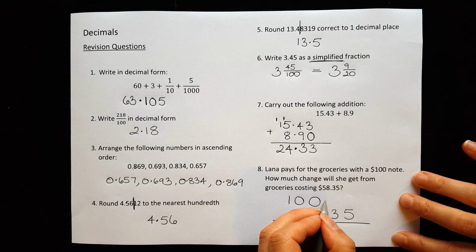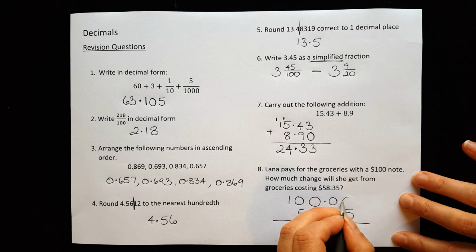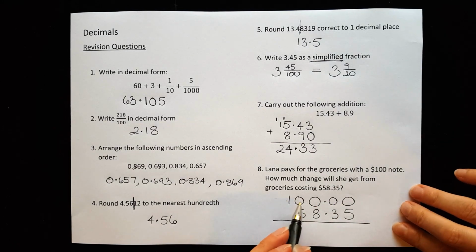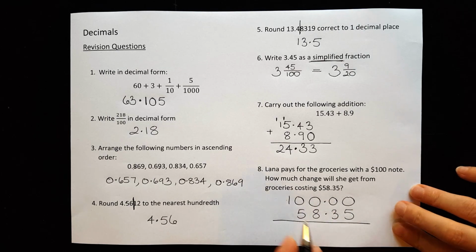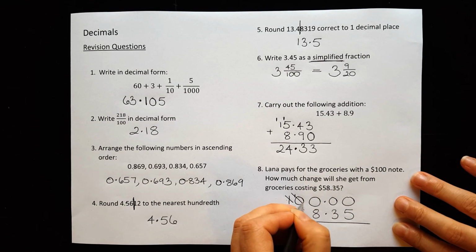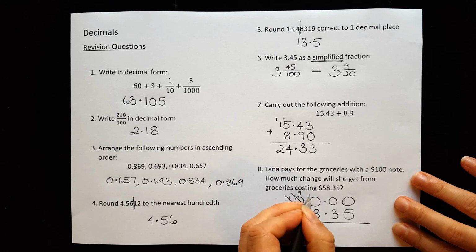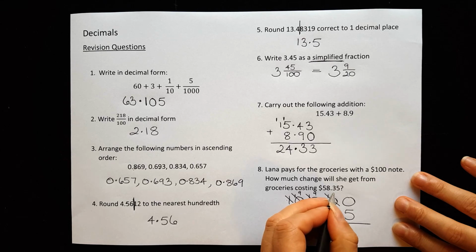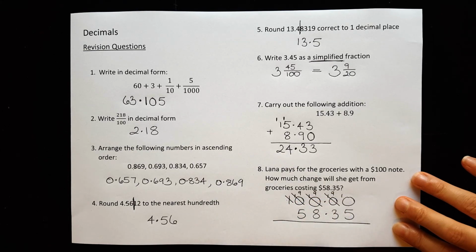So I'm going to have to put a decimal point here and a few extra zeros. Now, because it's a $100 note, I'm going to have to do a lot of borrowing along this line here. So I'm going to have to borrow from the 1 to put it here. Cross that out, becomes a 9, becomes 1 there. Borrow from it, move it to here. Borrow from there, move it down the line.